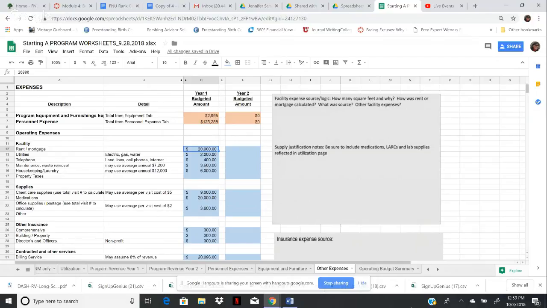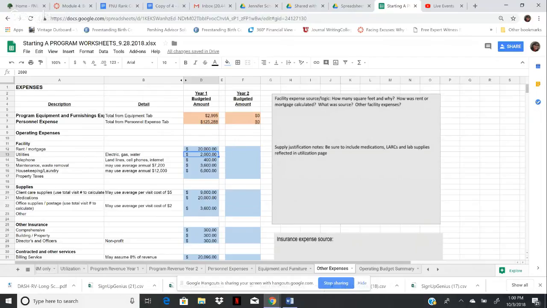Same goes for utilities. Think about your square footage that you're occupying and the time that you're occupying the space. And then you can even simply use your own home utility bill to look at your square footage for your house compared to whatever square footage you're going to be occupying in this building for this program. Telephone, maintenance, housekeeping, laundry, we do give you some ideas there.